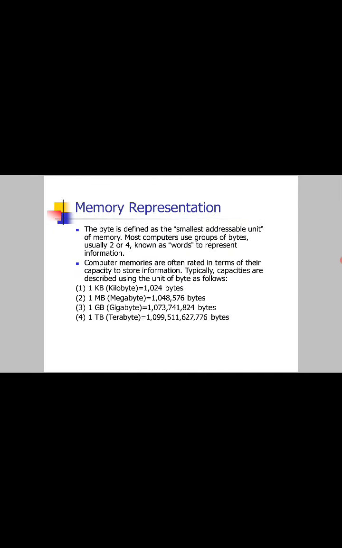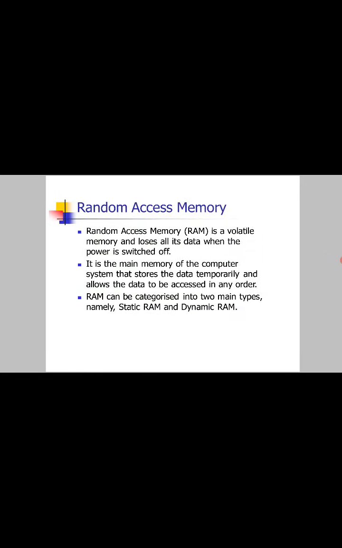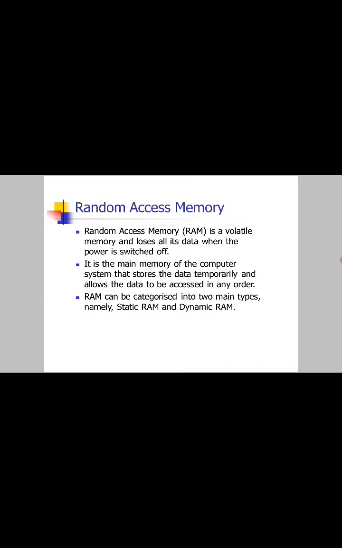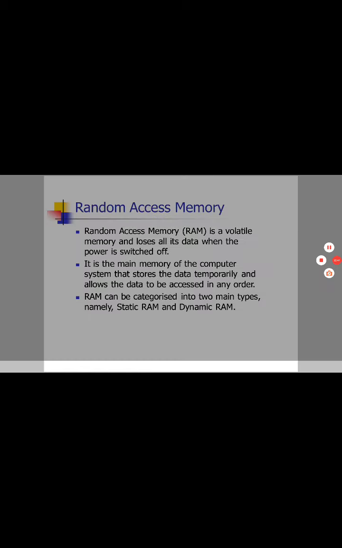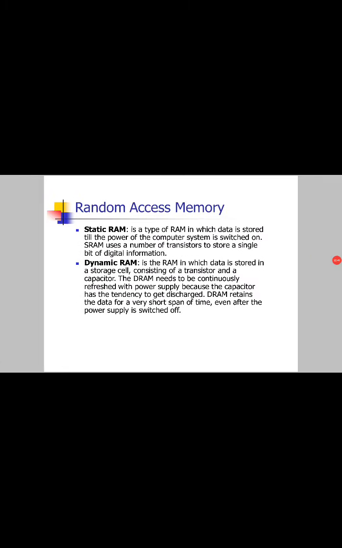So different types of memories are used, like primary memory, secondary memory, or main memory and auxiliary memory, and primary memory is divided into RAM, ROM, PROM, EPROM, cache memory. All these are the different categories of memories. So we will discuss all these things.